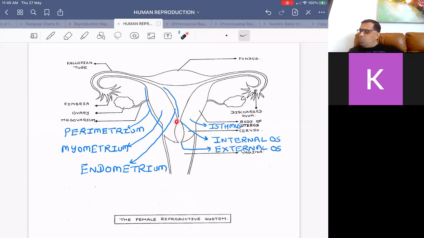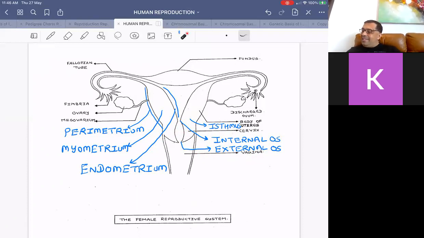And that small narrow opening above is called the internal os. And a small narrow opening here is called the external os. So you have the internal os and external os, बीच में cervical canal होती है.